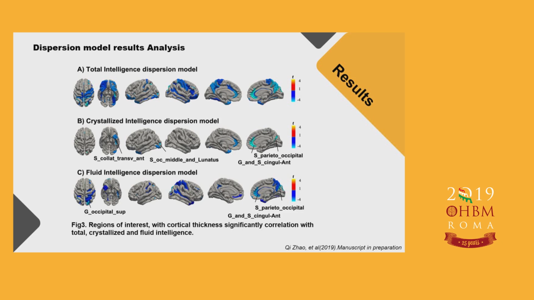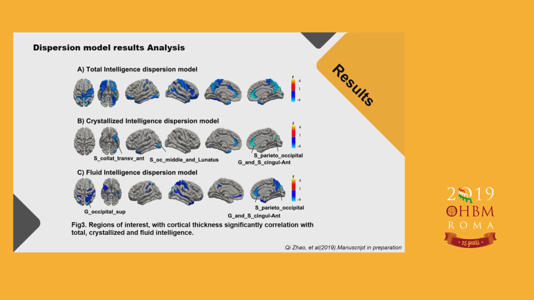Crystallized intelligence is more associated with dispersion in left hemisphere cortex regions, and fluid intelligence is more associated with dispersion in right hemisphere cortex regions.